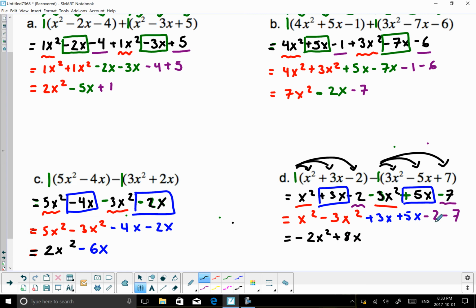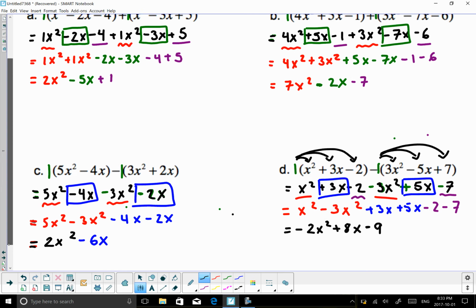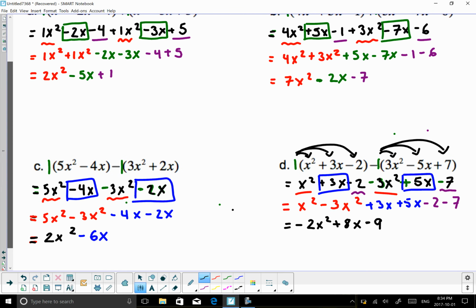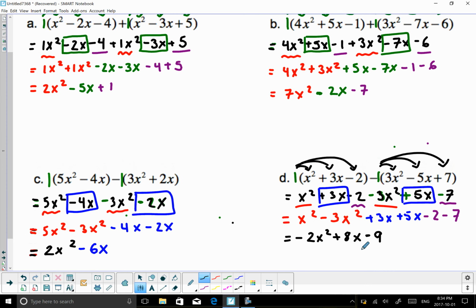And then I have negative 2 and negative 7. Negative 2 minus 7. They're both negative, so it's a negative answer. They're just more negatives. Add them. Negative 2 minus 7 is negative 9. And there you go. Notice there's no more like terms. My final answer, so I stopped there. Okay. So you learned a distributive property, and within this distributive property, we're collecting like terms.